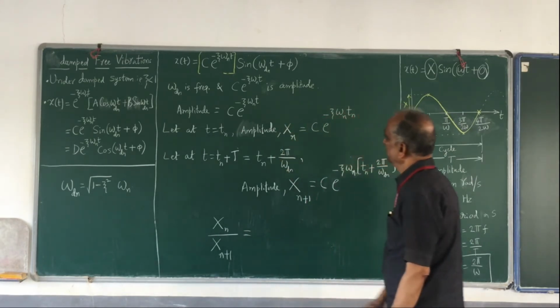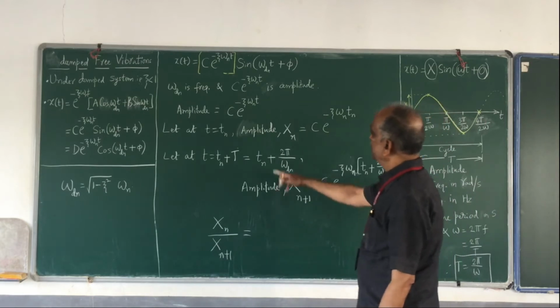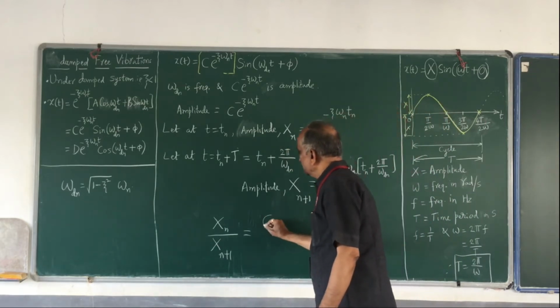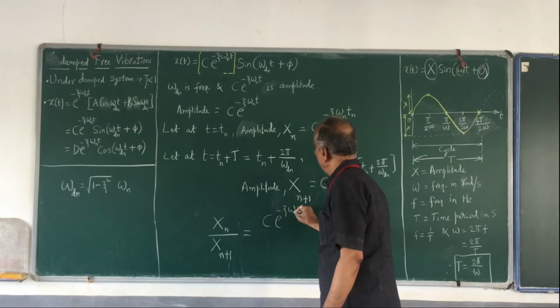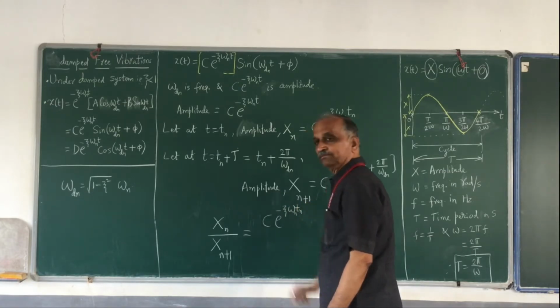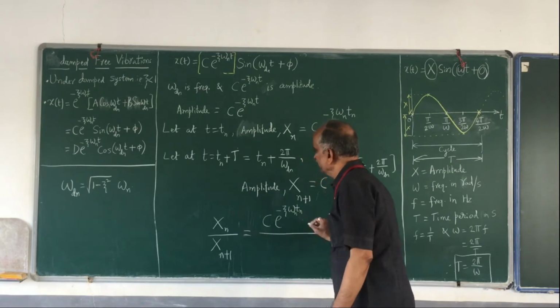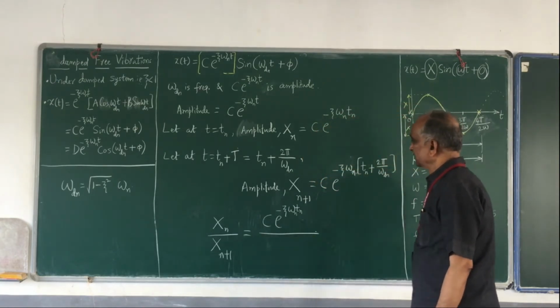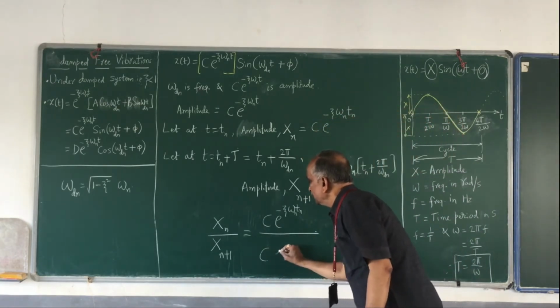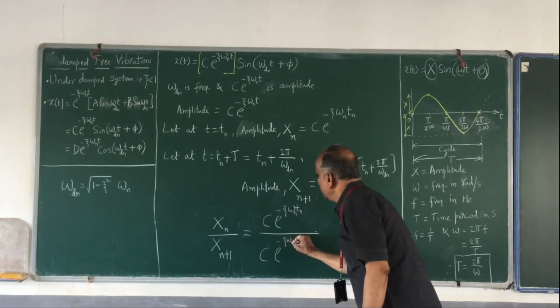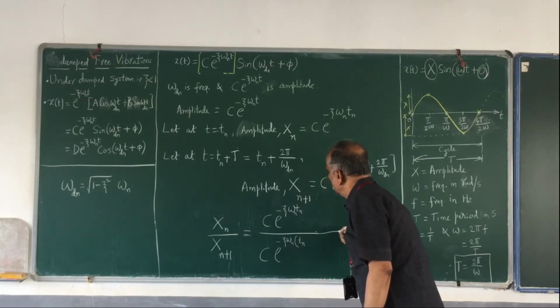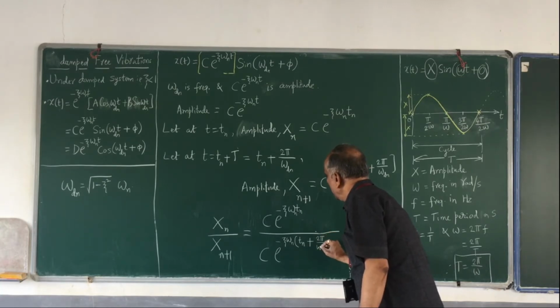Let me substitute. xn is c into e raised to minus zeta into omega n into tn, divided by xn plus 1, that is c into e raised to minus zeta into omega n into bracket tn plus 2 pi divided by omega dn.